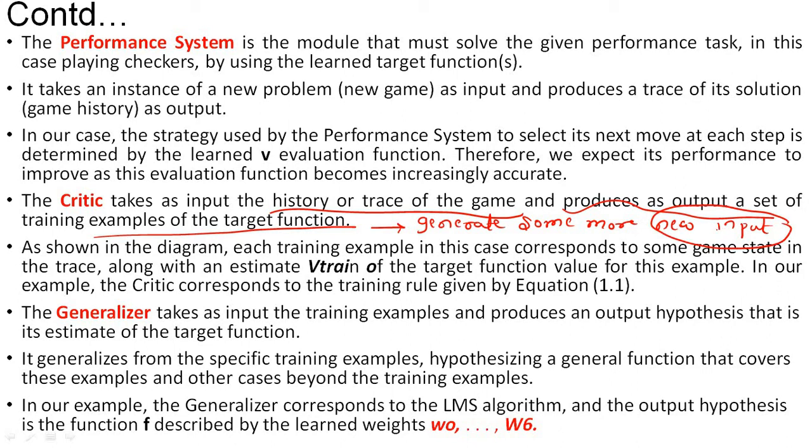The main job of the critic is to generate a set of new inputs. Why will it generate new inputs? Because this kind of input the system might not learn in the learning phase. For example, in our car driving example, your trainer has provided a lot of information, many steps for you.